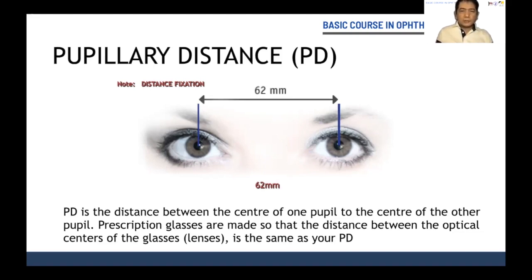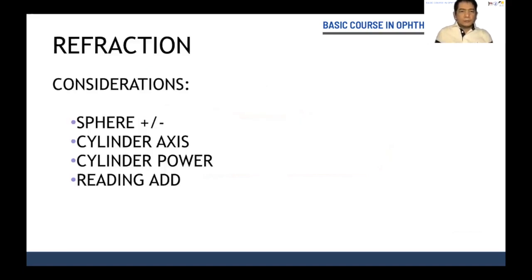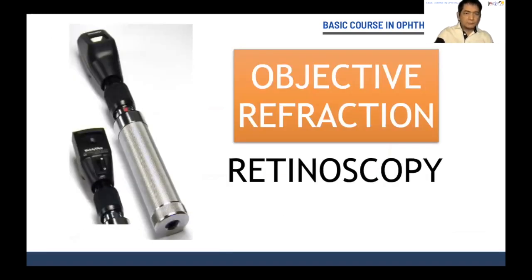So with that, you get the distance PD and the near PD. So the considerations in refraction are determination of the spherical power, whether it's plus or minus. You also determine the cylinder axis, the cylinder power, and of course your reading adds for presbyopics.